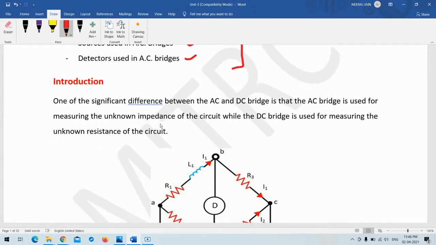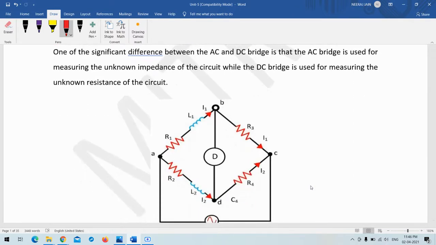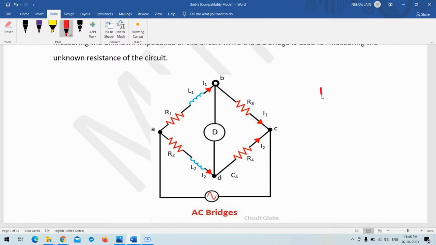One very important difference between the AC and DC bridge is that the AC bridge is used for measuring the unknown impedance of the circuit, while the DC bridge is used for measuring the unknown resistance of the circuit. Then what is the impedance?